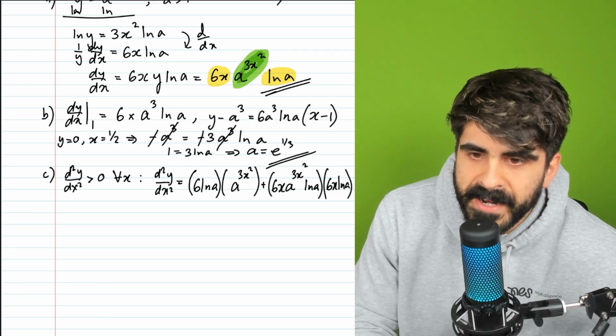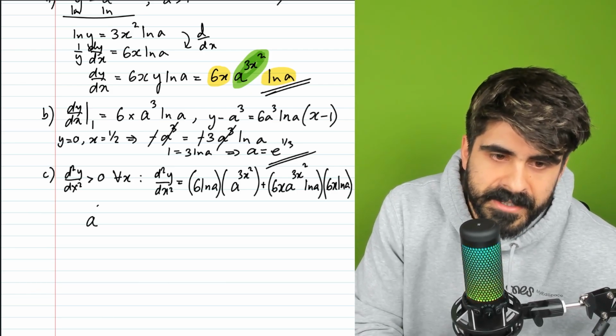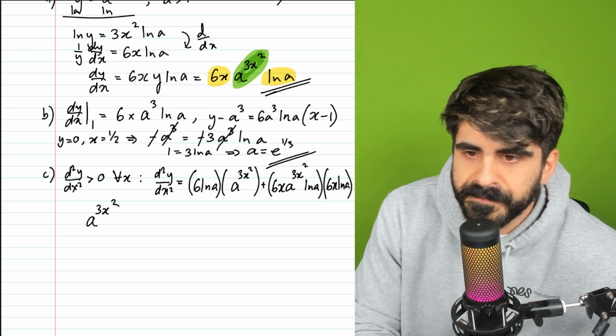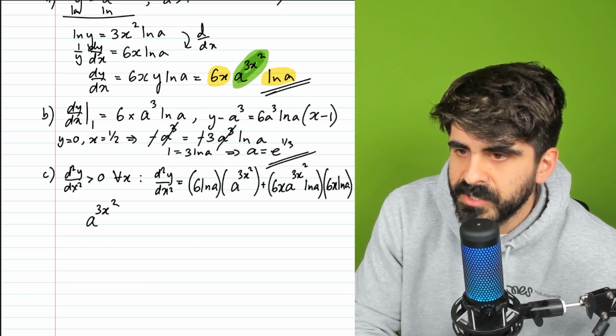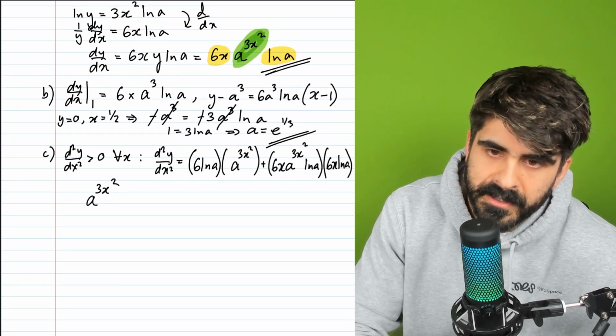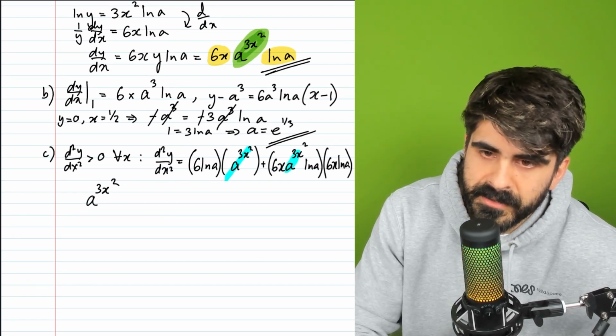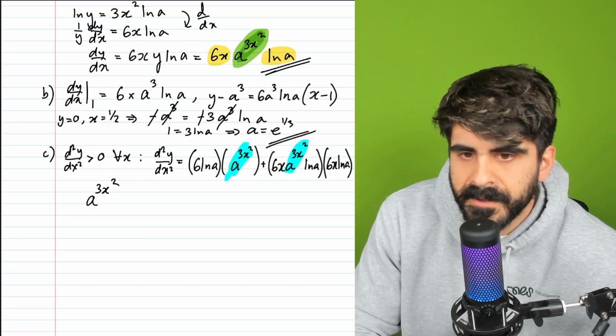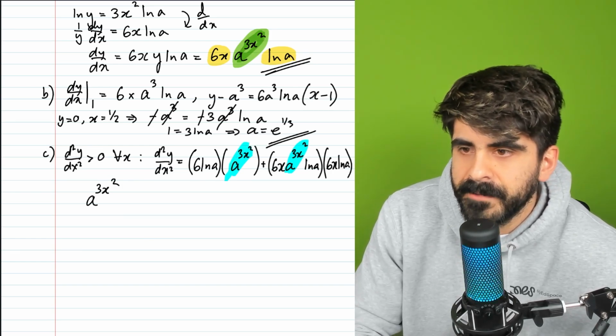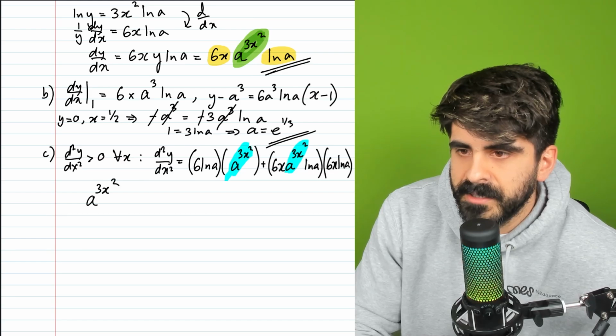Now I can do some factorizing. I can take out a to the 3x squared. Should we highlight this so we can all see it a bit nicer? We have 6 everywhere. So should we take out a 6?